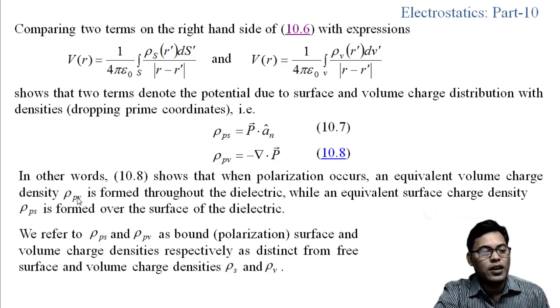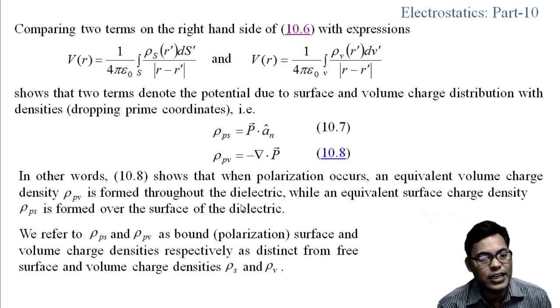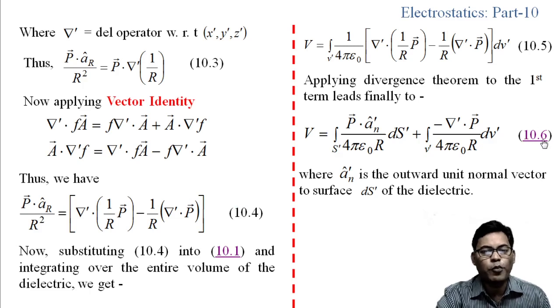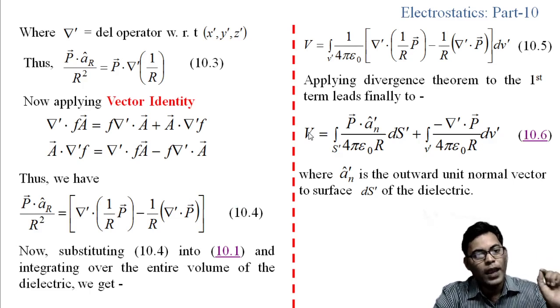Now let us understand this sentence more deeply, that is, the physical interpretation of the calculation of the potential at some exterior point due to the polarized dielectric material. You can see that in expression 10.6 we have the potential V at the exterior point O, which equals the summation of the potential due to the surface charge and due to the volume charge density.